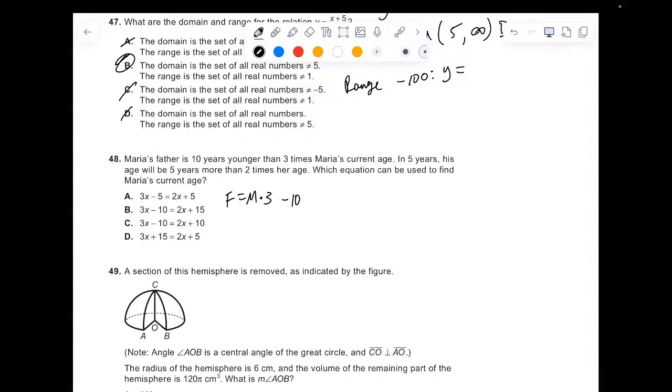In 5 years, his age will be 5 years more than 2 times her age. In 5 years, his age will be 2 times Maria's age plus 5.